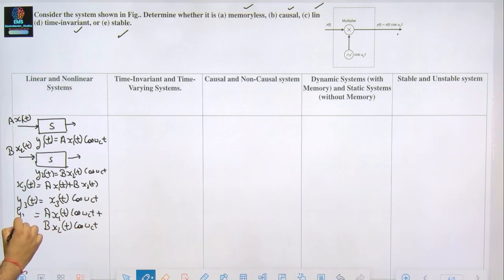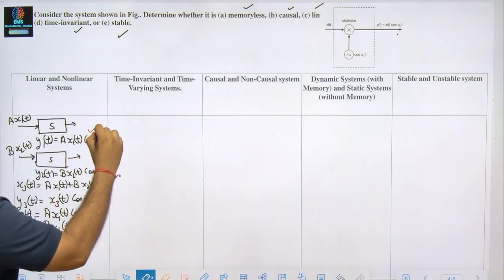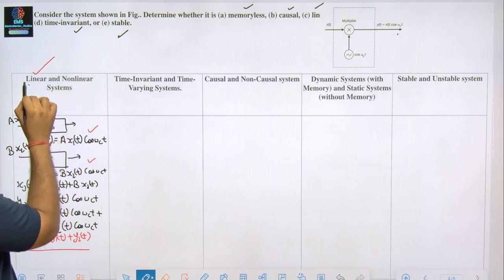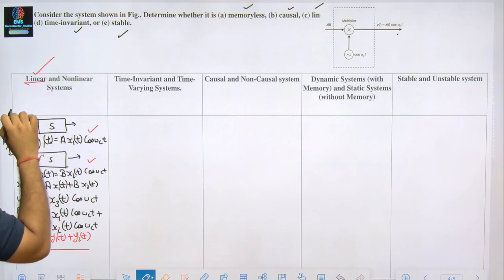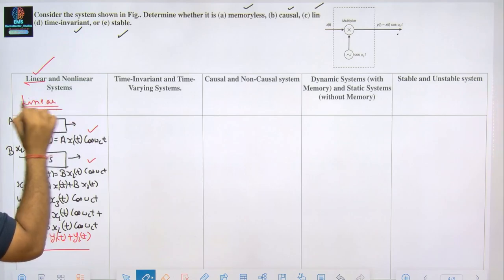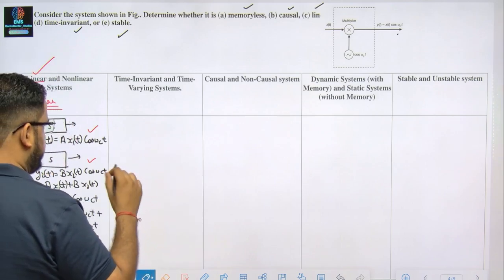Now this y3(t), if you see it carefully, is nothing but sum of y1(t) and y2(t). So if I'm getting y3(t) equals y1(t) plus y2(t), then my system is linear. So this is a linear system.